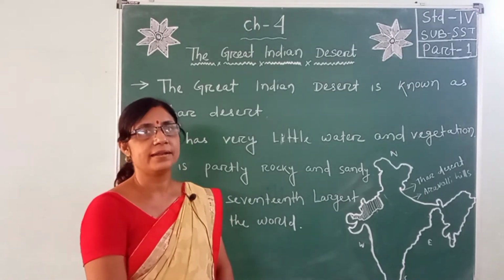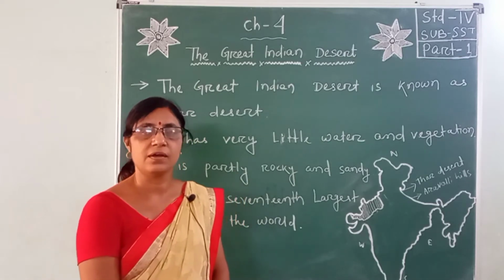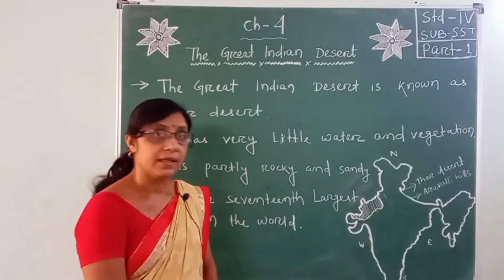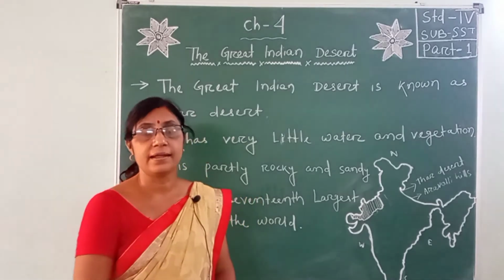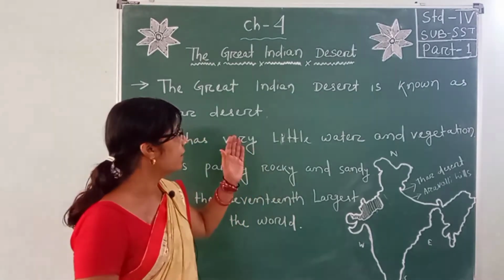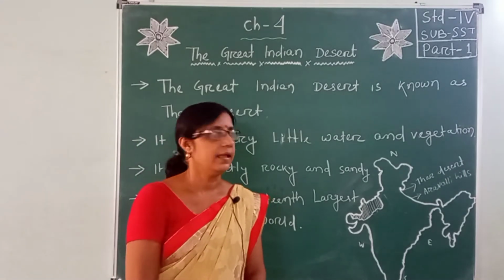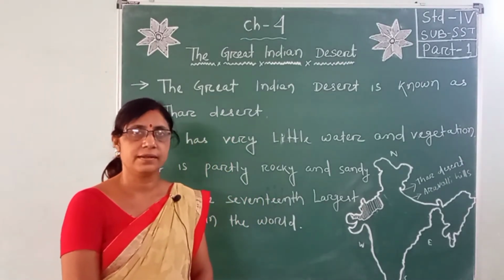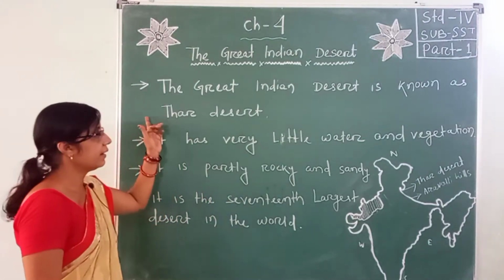The word desert means an unproductive land which may be hot or cold. A hot desert is dry and sandy, and a cold desert is dry and icy. The Third Desert, or the Great Indian Desert, is a hot, sandy and rocky desert.